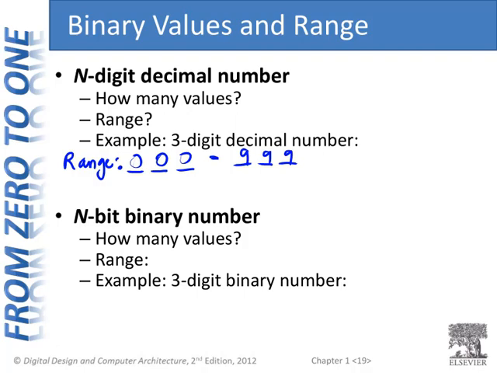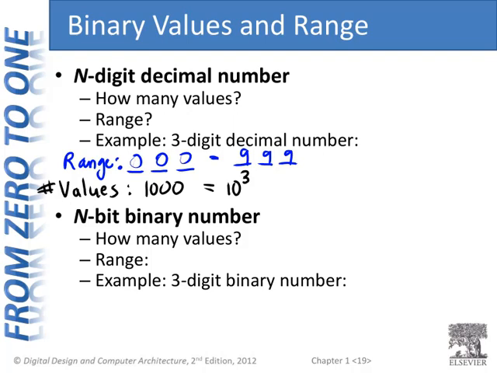Well, 1 to 999 is 999 values, but we can also represent 0. So the number of values is 1,000, or 10 to the 3.